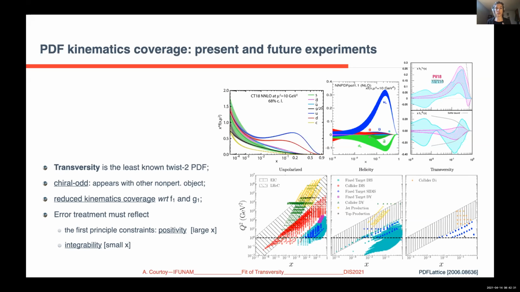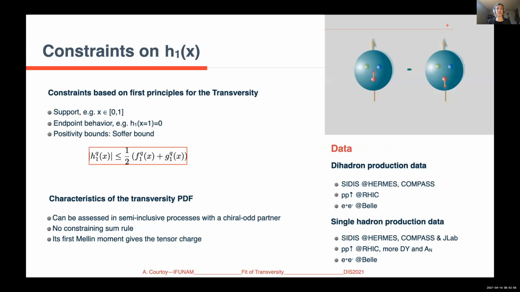That's the continuation of the positivity constraints on all the other PDFs, where half the sum of the unpolarized and the helicity must bound the transversity PDF. That's mainly at large x. And then at small x, we basically have integrability. We have to be able to integrate the transversity to get a finite tensor charge, which seems pretty convenient. And that's basically what I was just saying.